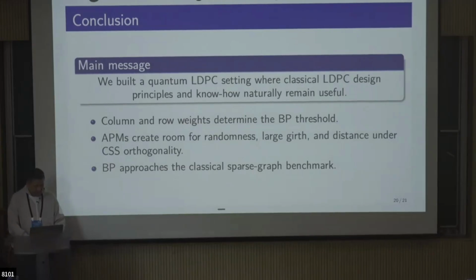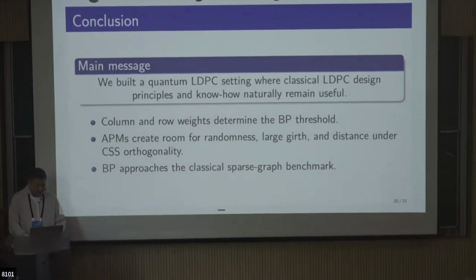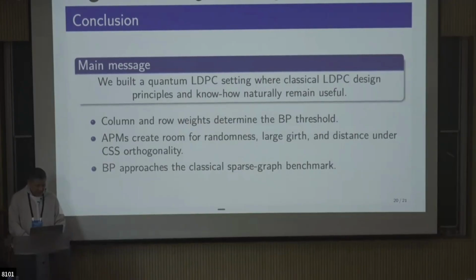So the main message is that the classical design principle can remain useful in quantum LDPC construction. First, column weight and row weight determine the BP threshold. Second, the QC structure gives the randomness while keeping the algebraic control of commutativity and short cycles.